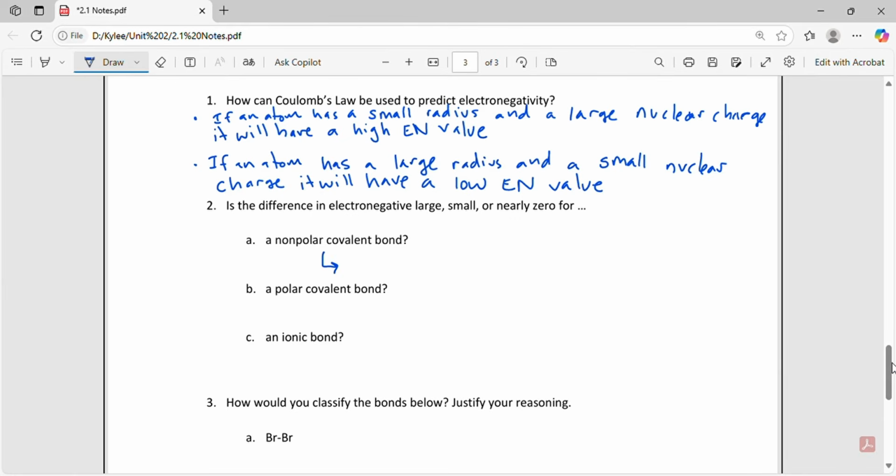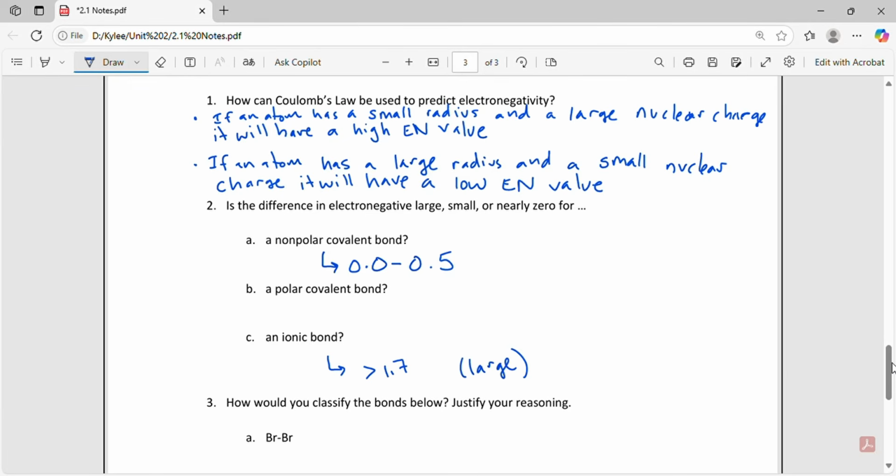Now we have, is the electronegativity difference large, small, or nearly zero for each of the following? A nonpolar covalent bond has a very small difference in electronegativity that goes from 0 to around 0.5. A large difference in electronegativity is going to be our ionic bond, and it's usually greater than 1.7. So I would say that this is large.